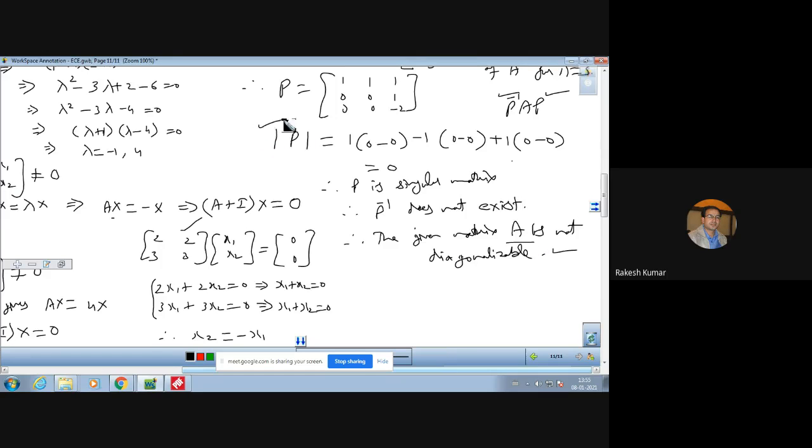The inverse one is also a reason: the determinant gives a singular matrix, so P inverse does not exist. So you can explain that the given matrix is not diagonalizable.